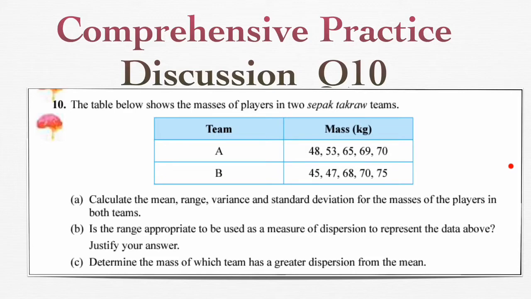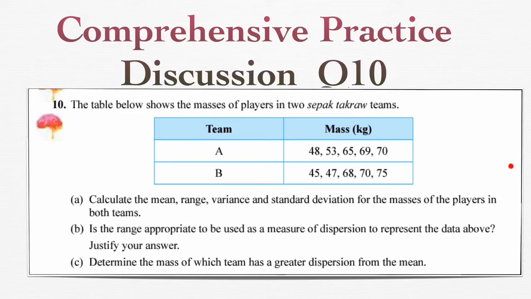First of all, let's go through question number 10. The table below shows the masses of players in two sepak takraw teams. Team A, mass in kg: 48, 53, 65, 69 and 70. For Team B: 45, 47, 68, 70, 75.